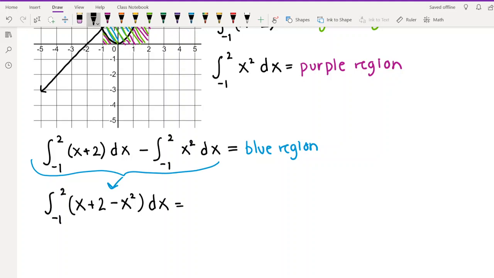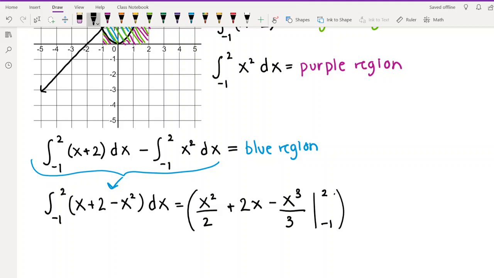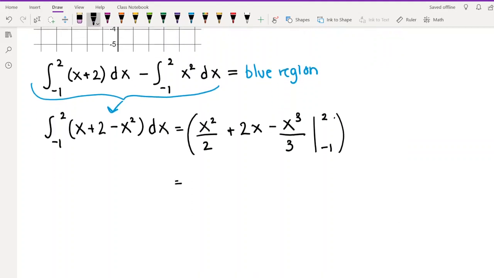So let's actually evaluate this integral so that we can find our answer. So our antiderivative would be x squared over 2 plus 2x minus x cubed over 3. And then we're evaluating that at 2 and at -1. So what would we get when we do this?